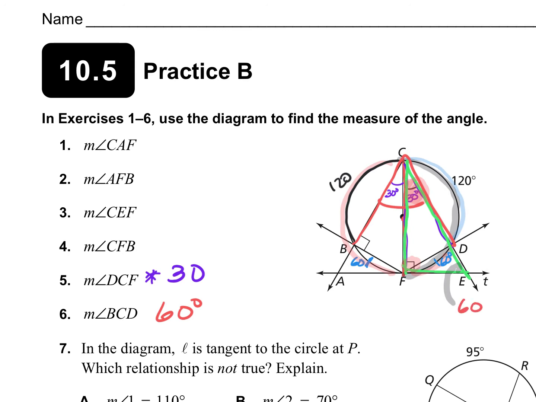And that's going to be the answer to number 3, CEF, and it's 60 degrees. I could do the same thing for the first question. The CAF, again, I've got the right triangle here. So CAF, number 1, is also 60 degrees.